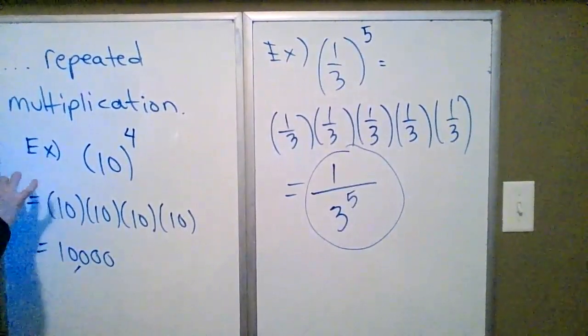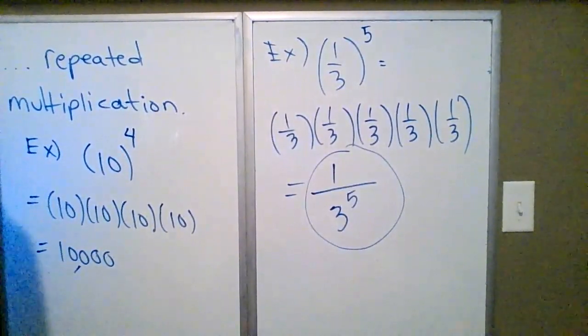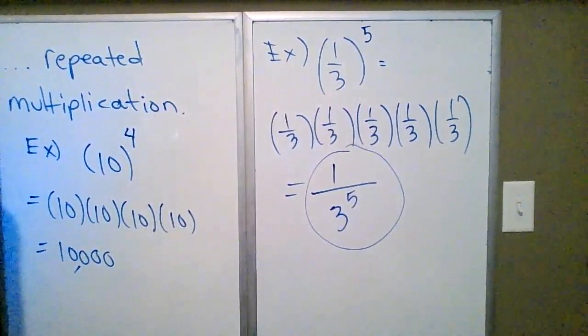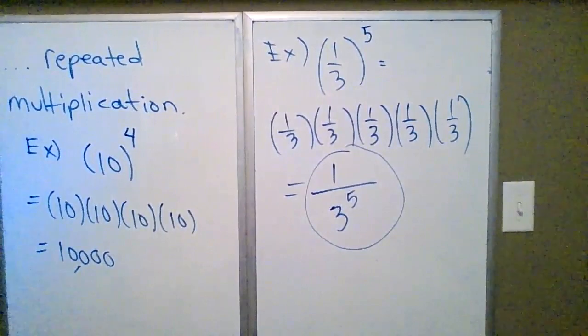I think what we had is our first rule. It's a rule called the product property for exponents.